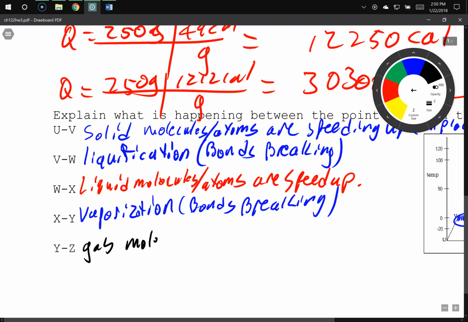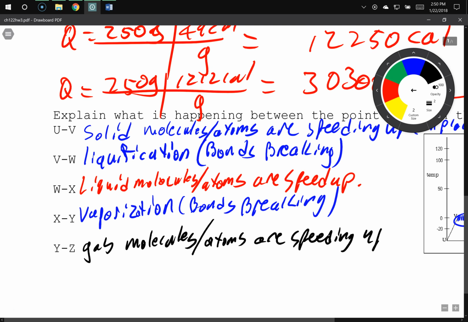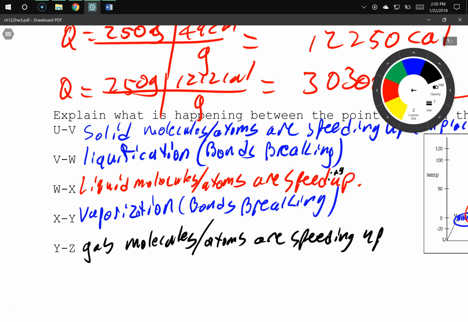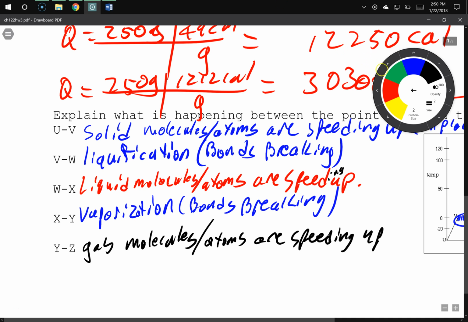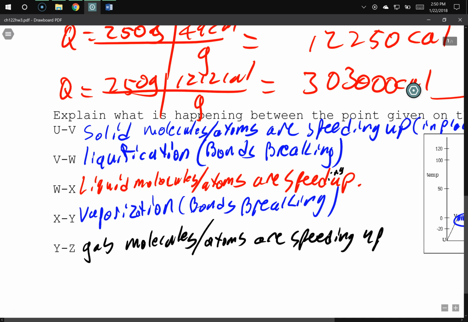Gas molecules or atoms are speeding up. That good? So the energy is either being used to speed the molecules up in one of the three phases, or it's being used to change the state of the substance.